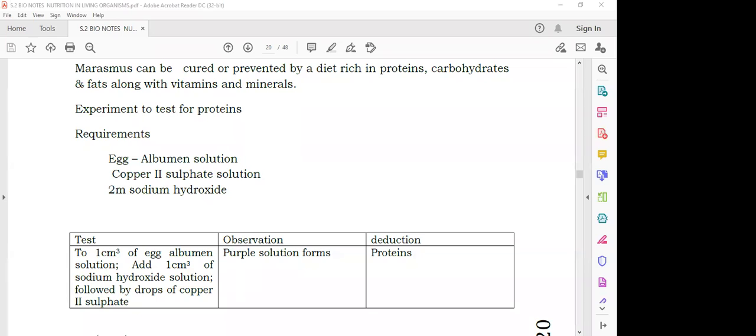Fish. Oh, very good. So fish is a good source of proteins, animal protein in that case. Another source?